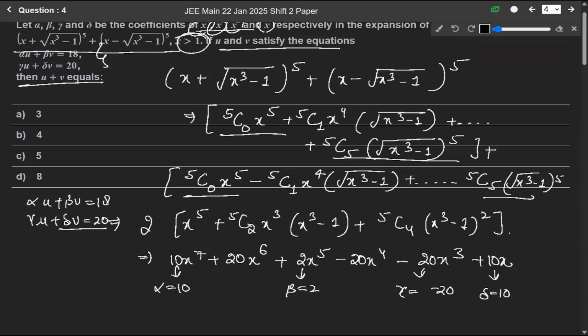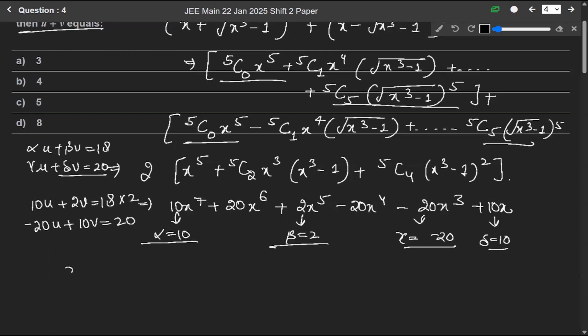So using these coefficients, we get 10u + 2v = 18 and −20u + 10v = 20. When we solve it, let us multiply the first by 2.